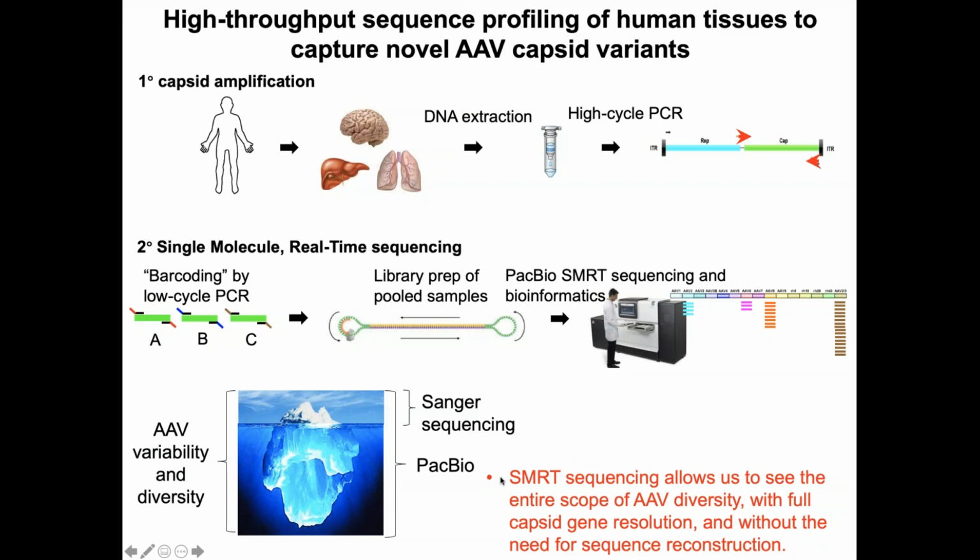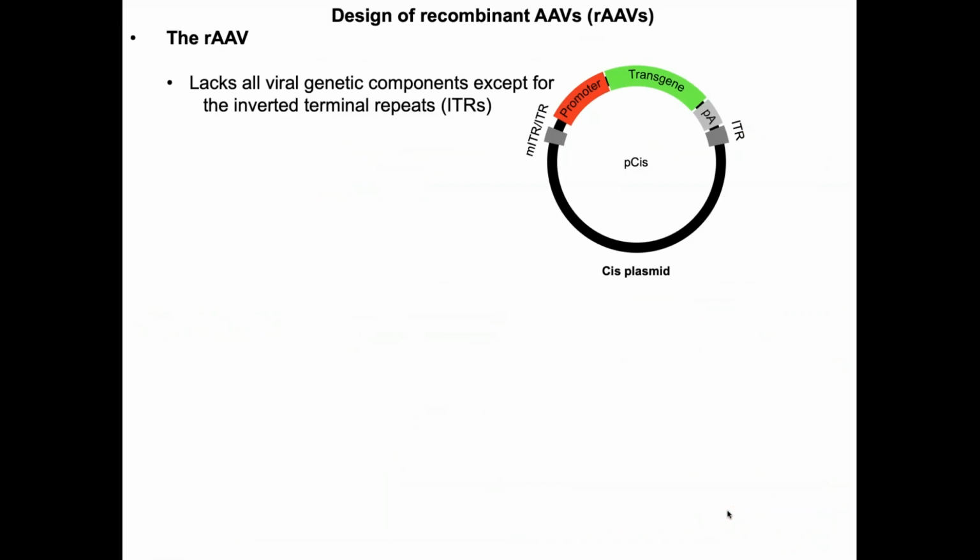And this is advantageous over other short read sequencing methodologies, because now you bypass the need for sequence reconstruction. So this has been a boon for advancing the discovery of new capsids for gene therapy.